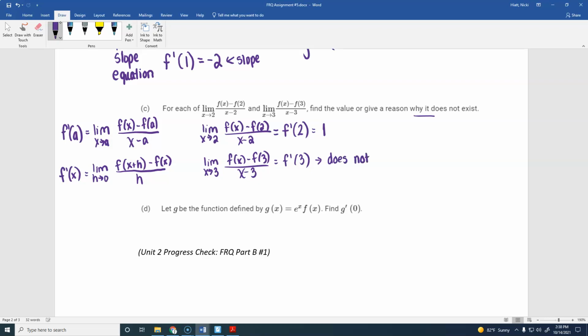And you have to tell why it does not exist. So it does not exist because f of x has a cusp, or if you don't like that word, you can put sharp turn, at x equals 3.